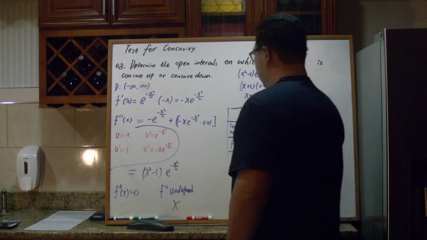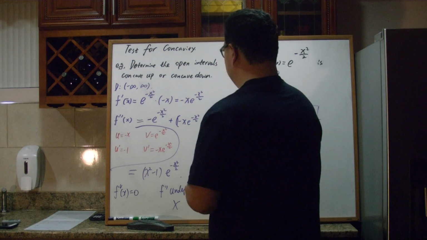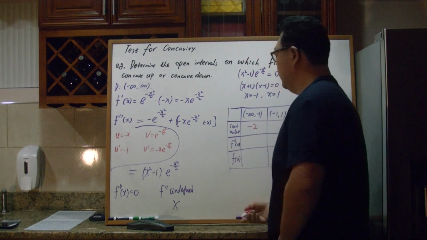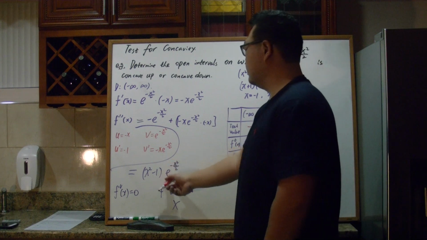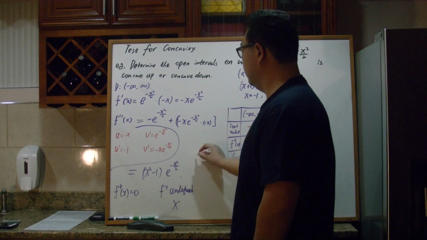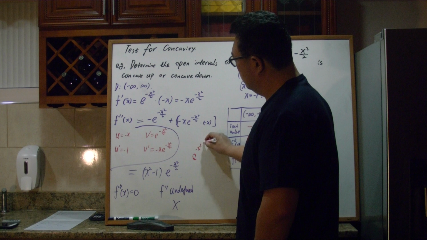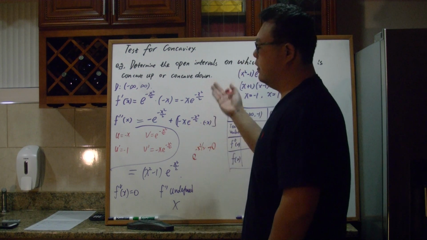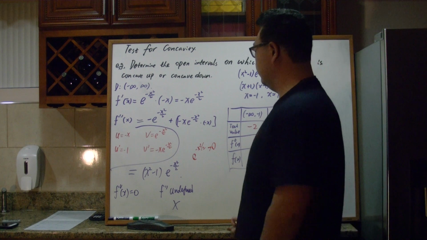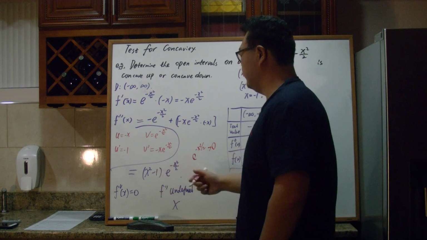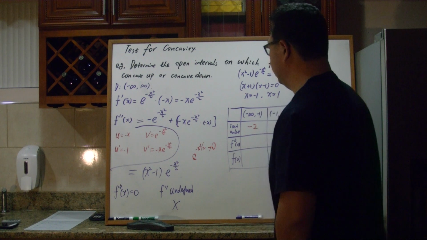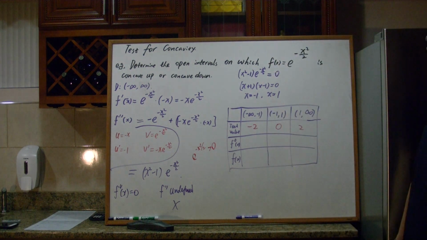For the test values, we can take negative 2, 0, and positive 2 for these three intervals. The e to the negative x squared over 2 is always positive since it's an exponential function; whatever power we take, it's always positive. Only the first term makes a difference.